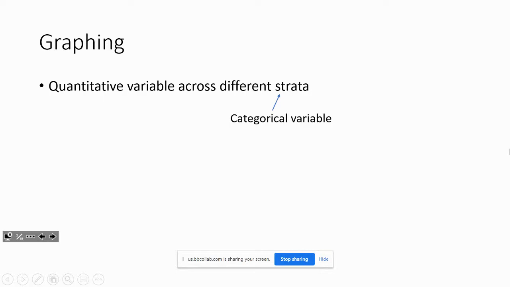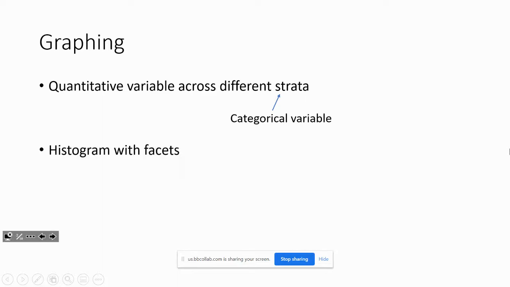What graph did we see last time that we used for the iris data set? Anybody remember? It wasn't a bar chart, it was a histogram. Right, okay. Yeah.